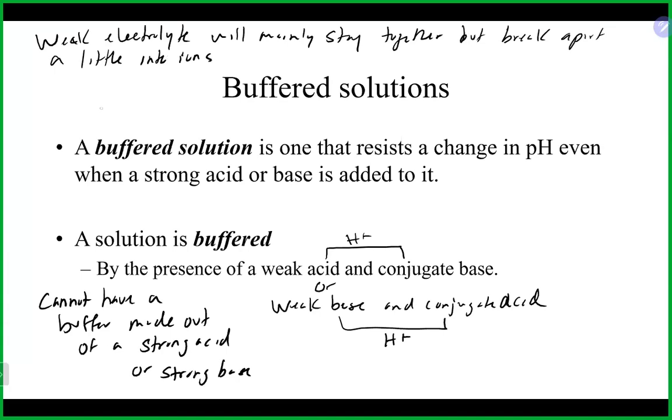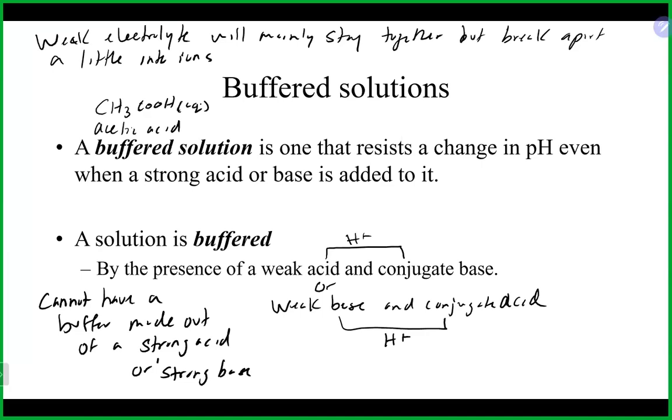So, for example, if you took acetic acid, which is a weak acid, and by the way, I know acetic acid is a weak acid because it's not one of the 6 on my list of strong acids, so it's definitely going to be a weak acid.